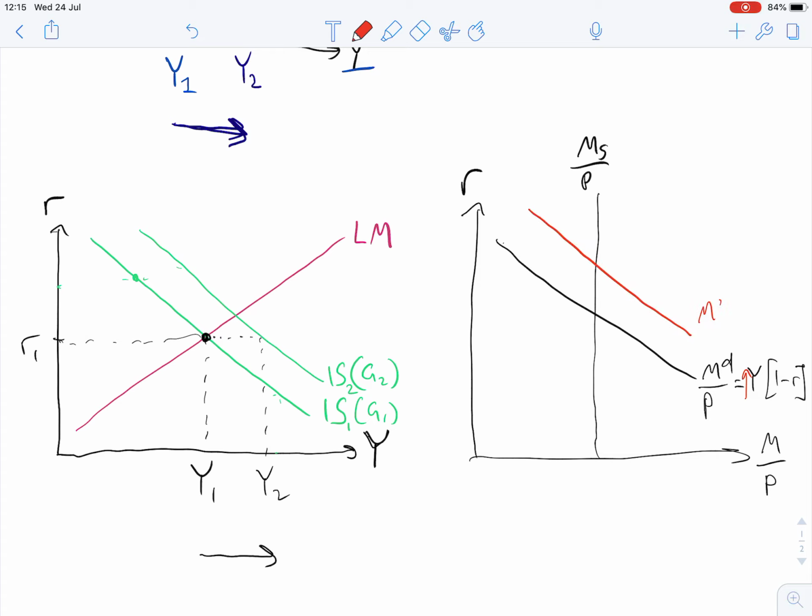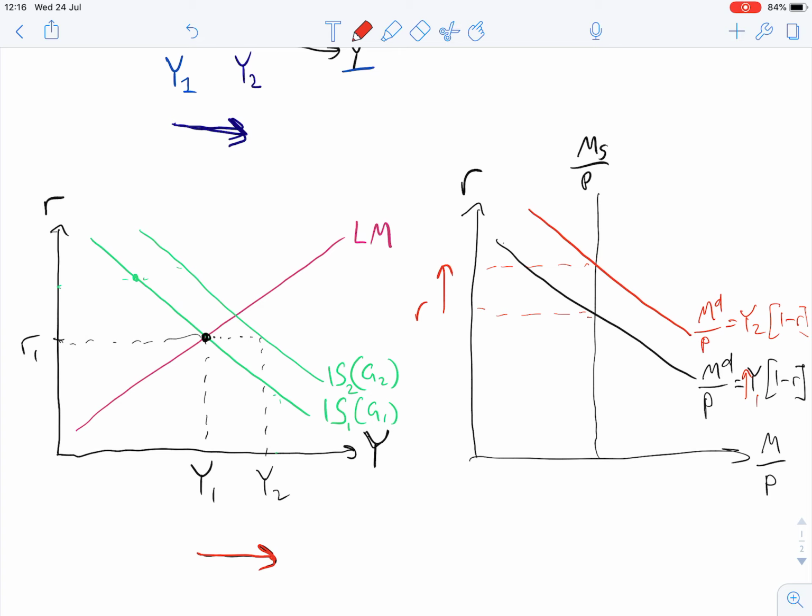So let's write Md/P as a function of Y2(1 minus r). This was Y1. So now what we see is that because of this upward pressure on short-run output, we also have upward pressure on real interest rates. Because people want to hold more money, but we don't have any more money being supplied in the economy, so we have upward pressure on interest rates.